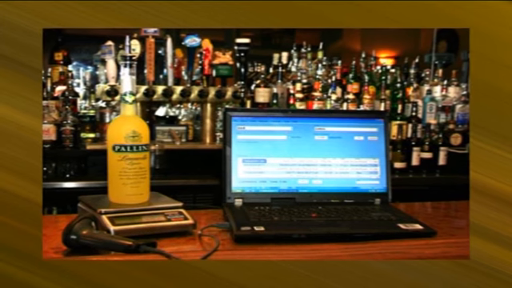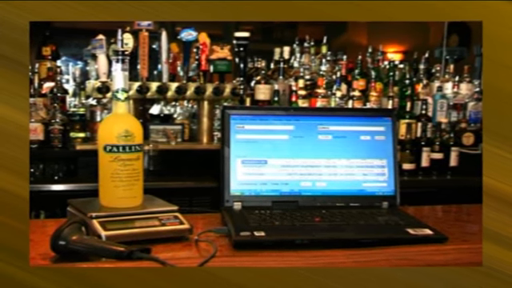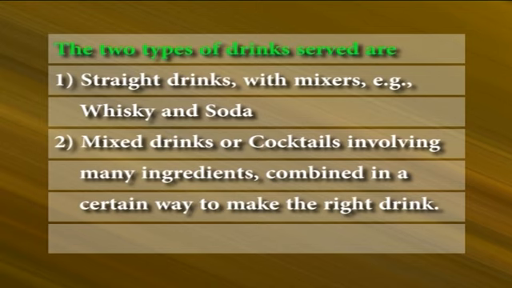This also helps in calculating standard sales potential. The two types of drinks served are straight drinks with mixtures, example whiskey and soda, and mixed drinks or cocktails involving many ingredients combined in a certain way to make the right drink.